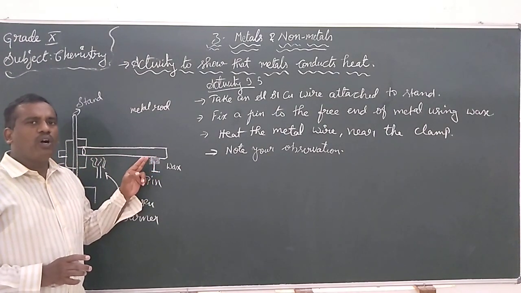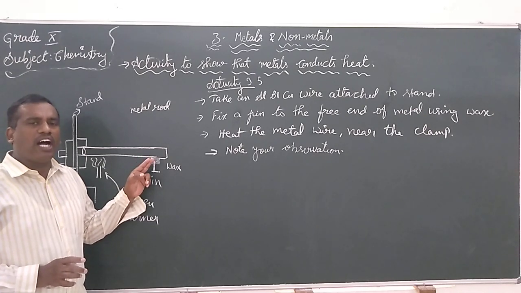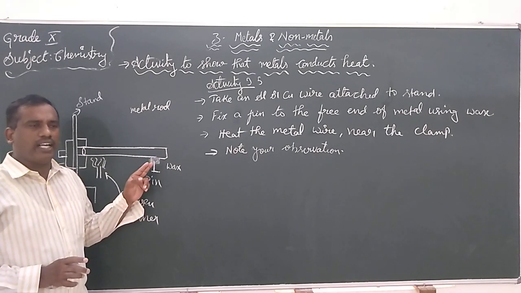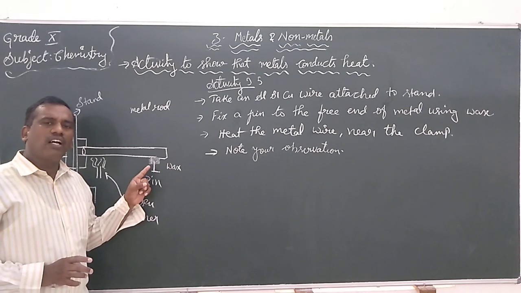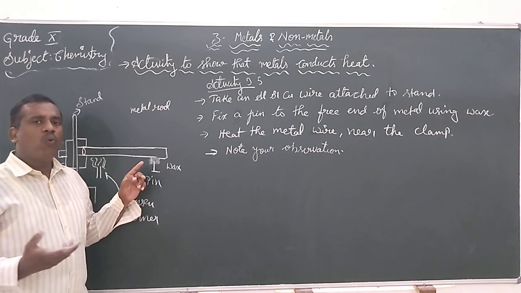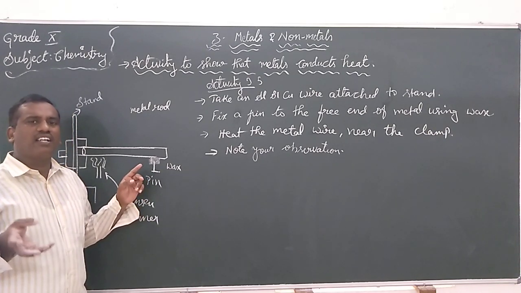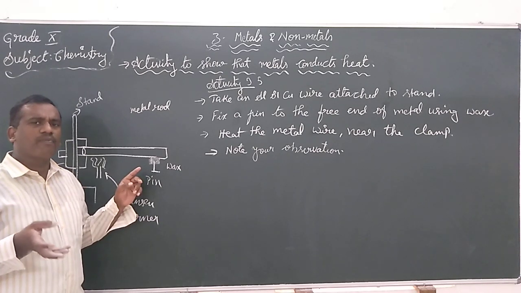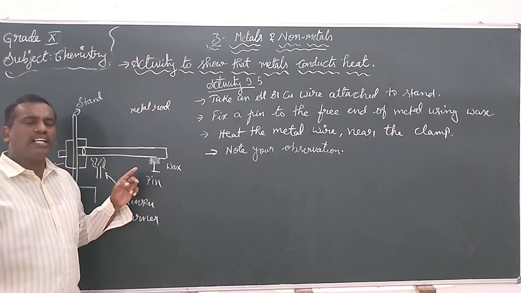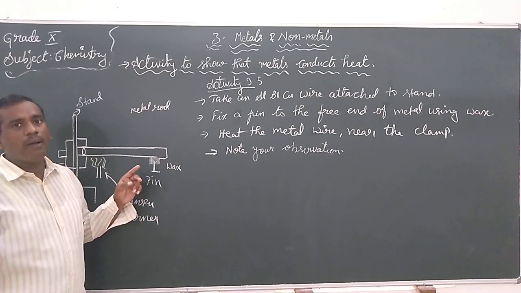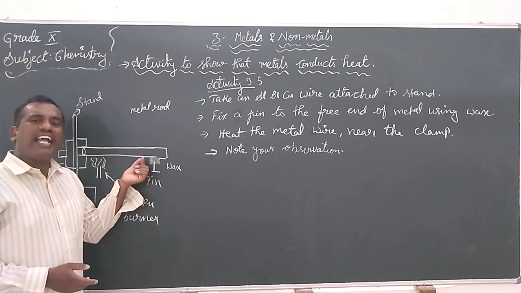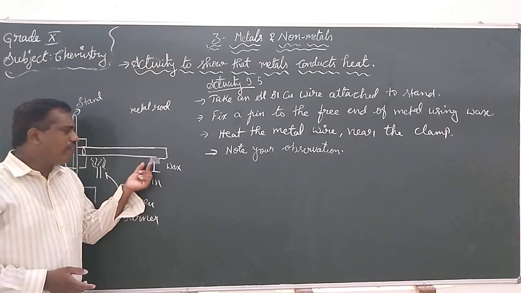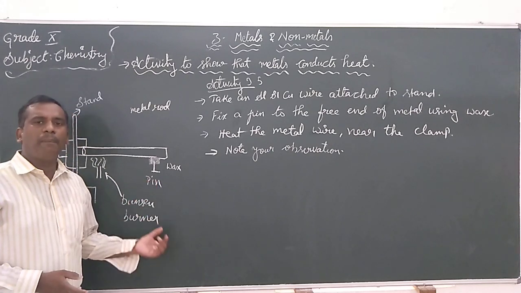So now, when the heat is being passed to the other end, what is there? We have the wax. What happens to the wax when it is heated? The wax will melt. When the wax melts, it will fall down along with the pin.